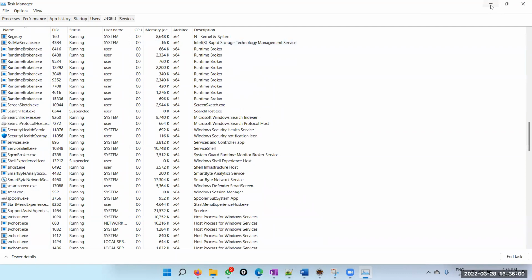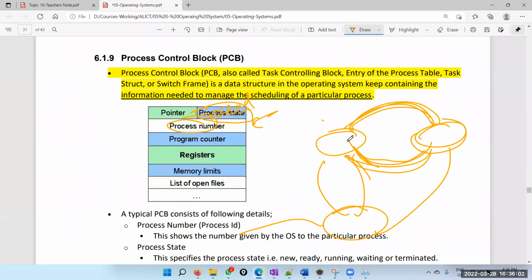So your operating system must know the process number. That is also there, along with the process state, whether it's running, suspended or blocked, because the operating system refers to a process using the number rather than naming it like Firefox.